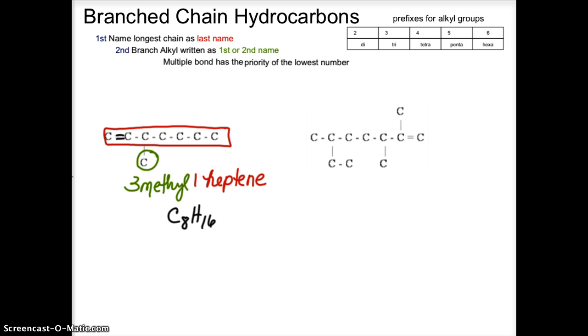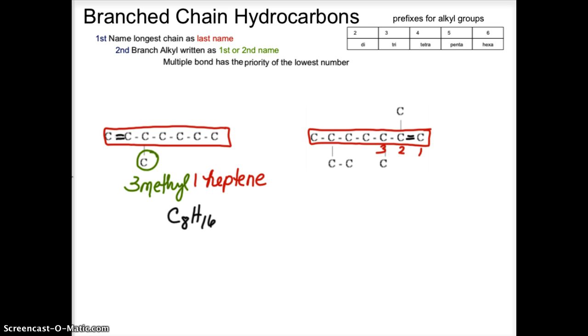Taking a look at the molecule on the right, and again I'm just going to re-emphasize that there is a multiple bond right there between those 2 carbons on the end. Now you may think that the longest chain here is 1, 2, 3, 4, 5, 6, 7, like here. Now notice, did you notice why I started counting over here as 1, 2, 3? That's right, because you want that multiple bond to have the smallest number possible.